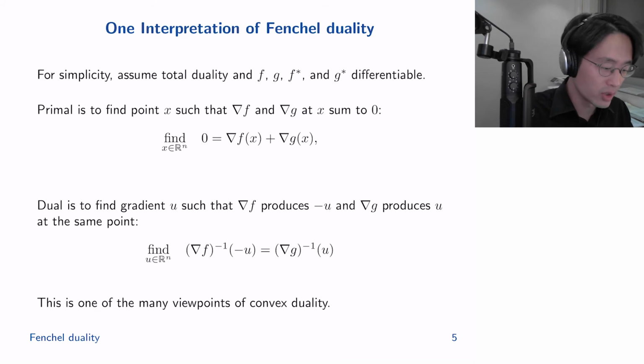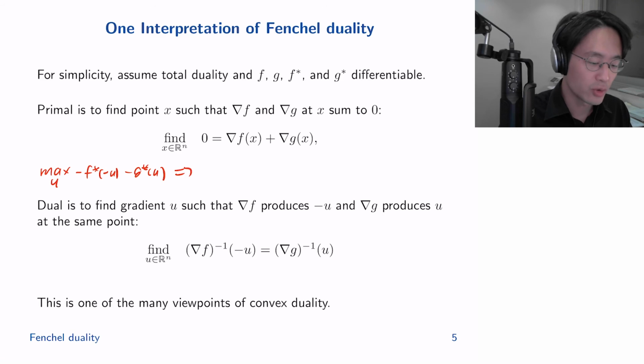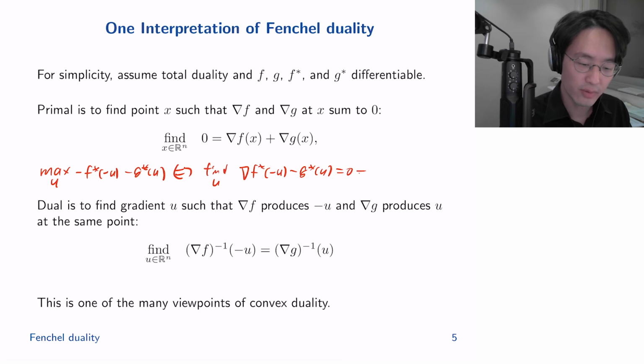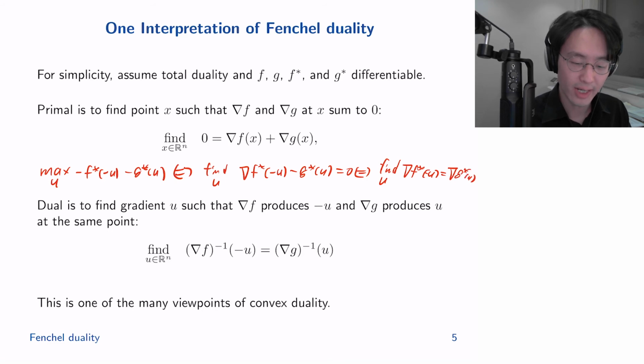The dual problem, which is originally posed as maximize over u of minus f star evaluated at minus u minus g star of u, we can now reinterpret as finding a u such that grad f star evaluated at minus u plus grad g star evaluated at u is equal to 0, which is equivalent to finding a u such that grad f star at minus u is equal to minus grad g star evaluated at u.